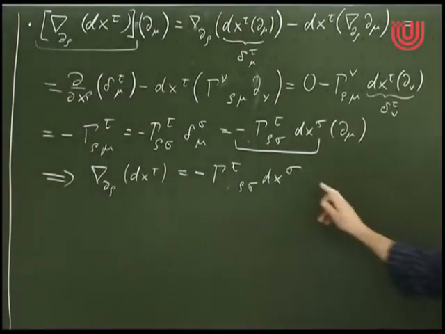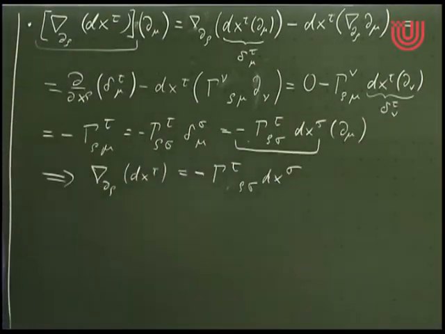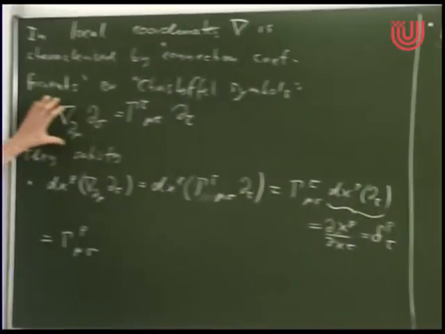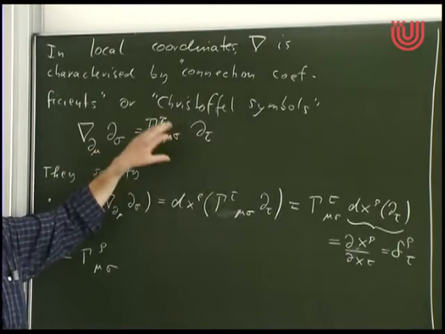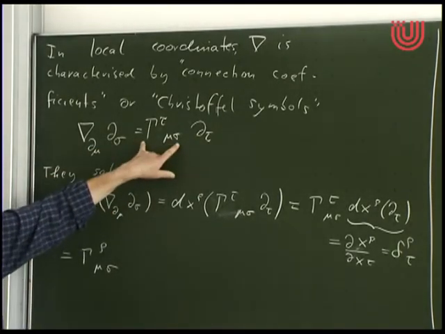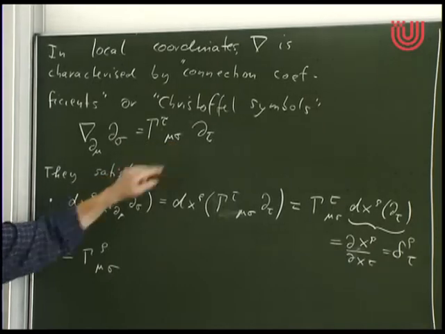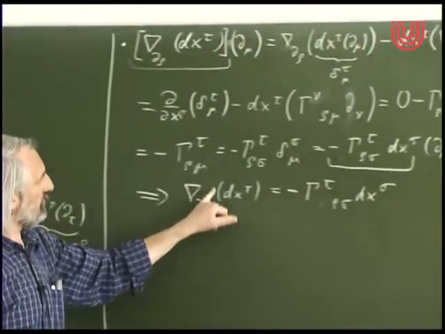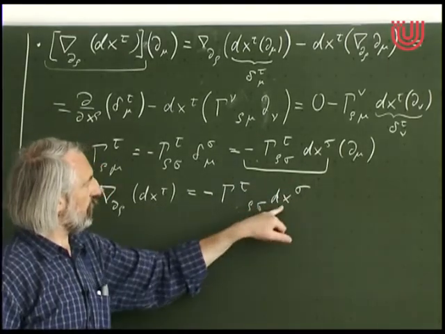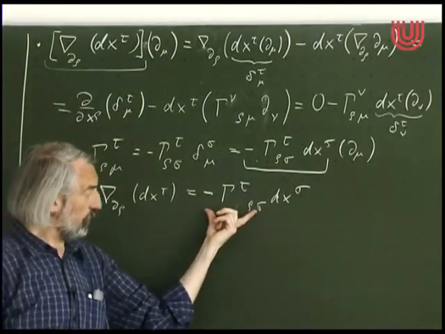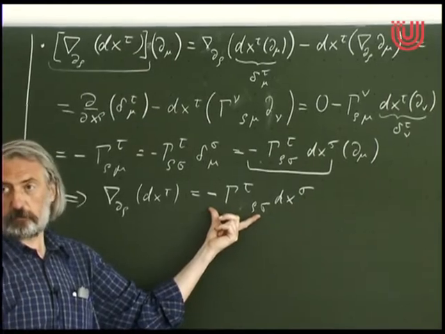So that's the formula which is analogous to the defining equation. Here we had the thing acting on a basis vector field, and we have written this as a linear combination of the vector fields, and we saw this gives us the Γs by definition. Here we apply this to a basis covector field and write this as a linear combination of the covector fields, and what we get as the coefficients are minus the Γs.